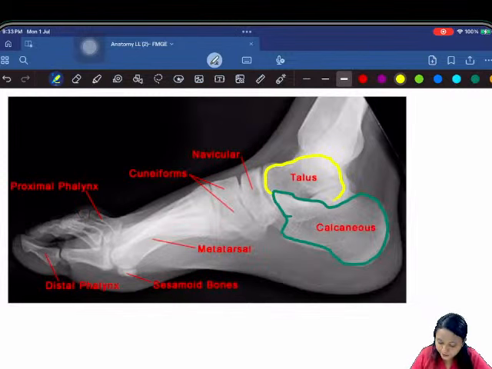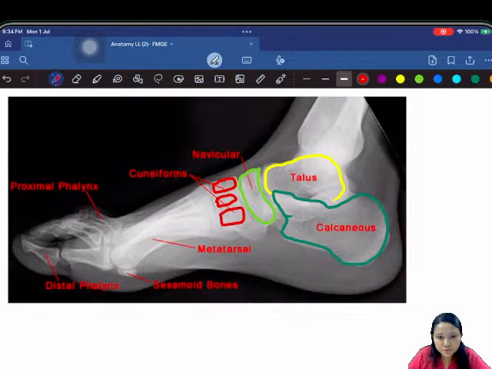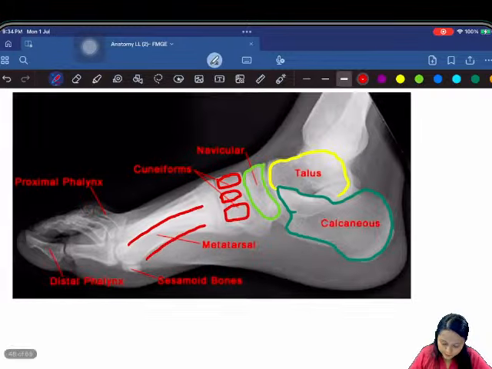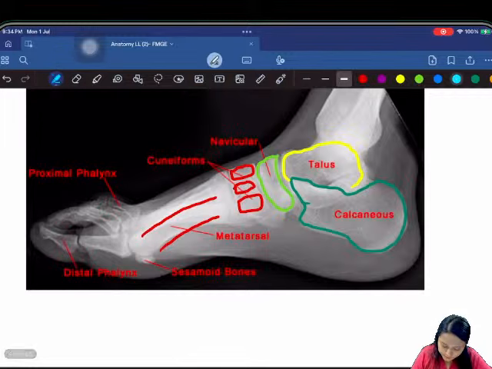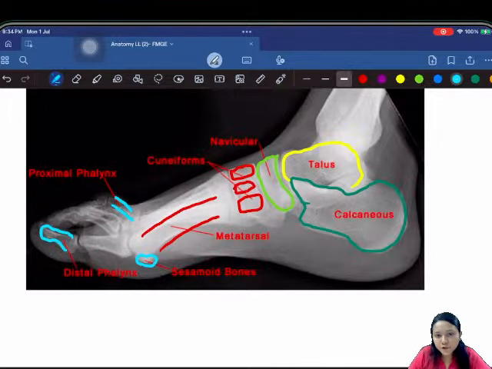After that, the one which looks like a boat shape or lunar shape is your navicular. Remember, navy is in the sea and in the sea there will be a boat. So boat shape and lunar shape is navicular. After that come your three cuneiforms. Then you have the metatarsals. At the base of the first metatarsal you will get a sesamoid bone as well. After that comes your proximal phalanx and this is your distal phalanx. That much you already know.